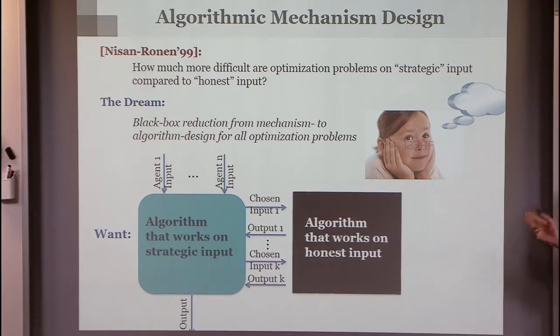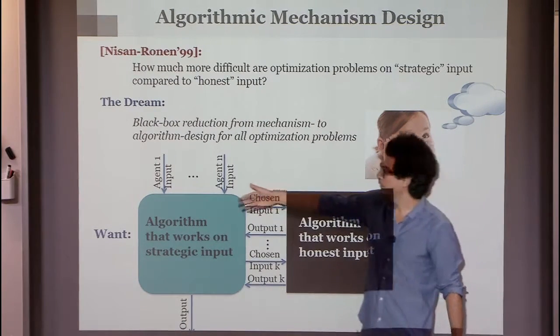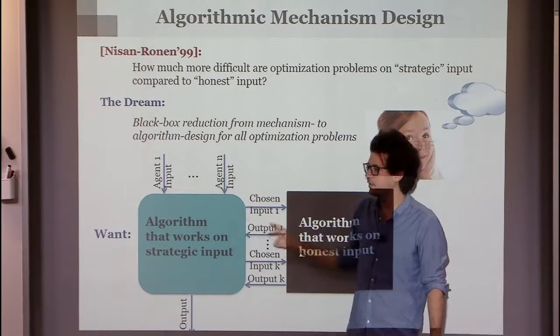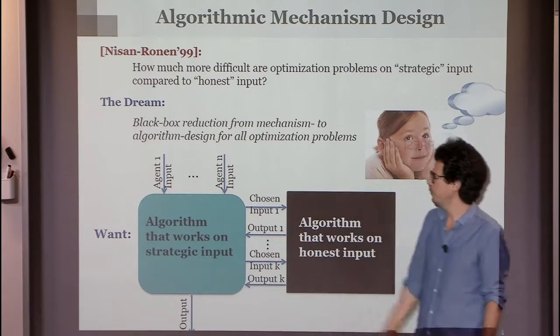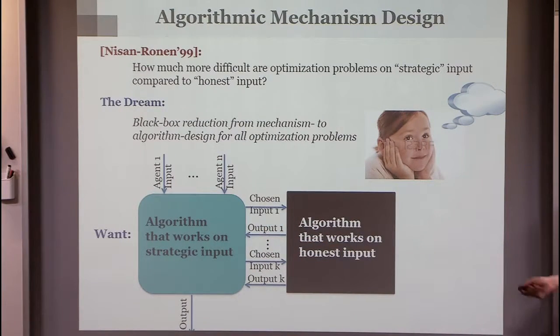And after maybe several rounds of interaction with the agents and the algorithm, querying the algorithm on various inputs and getting the responses, it produces an output in such a way that this whole scheme is robust to the strategic behavior of the agents. And if I interact with this algorithm just in an input-output way, without looking at what's going on inside the algorithm, that's a black box reduction.